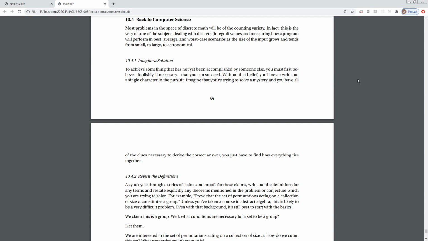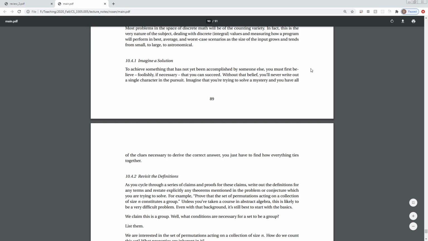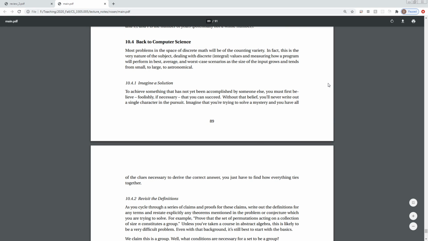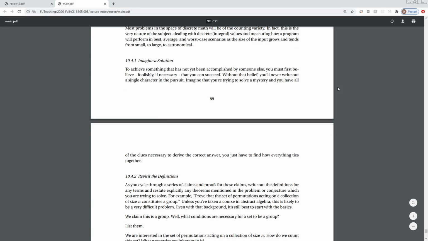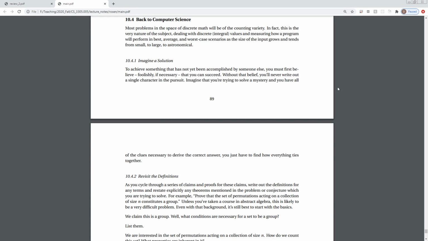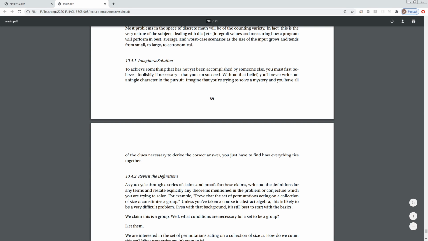All right, so jumping back to computer science, most of the problems that you'll run into as you're trying to prove stuff in discrete math and in computer science will be counting problems, and that's kind of what this course is supposed to be. I did take a broader approach to it, but in essence, that is what discrete math is. We're dealing with these discrete or integral values and trying to measure how a program's going to perform.